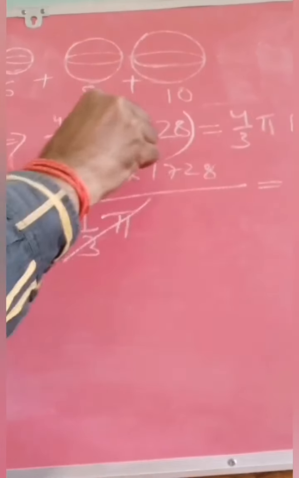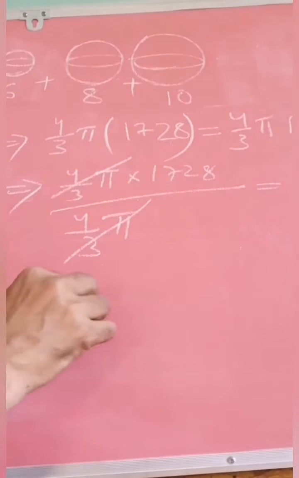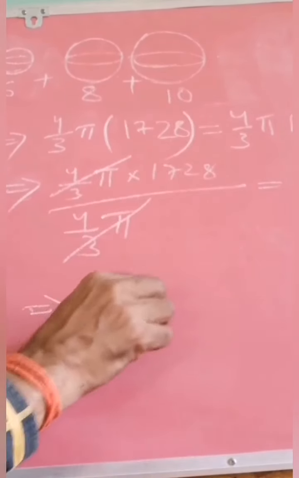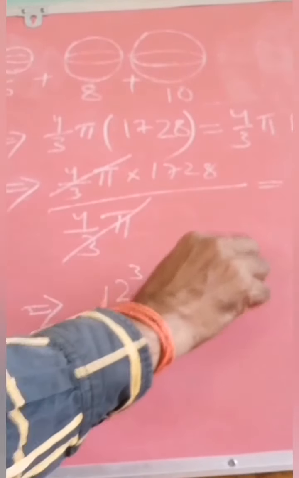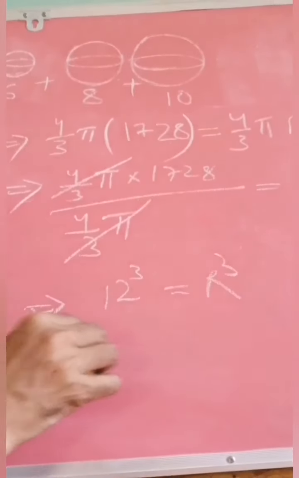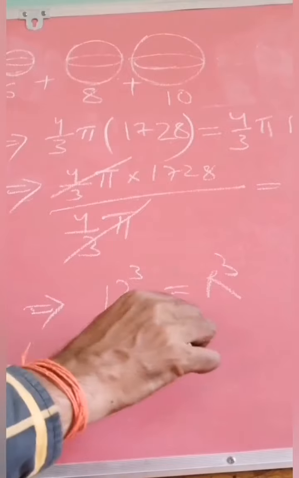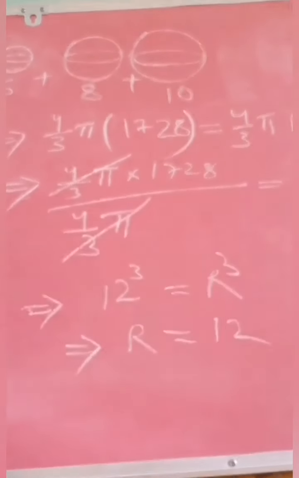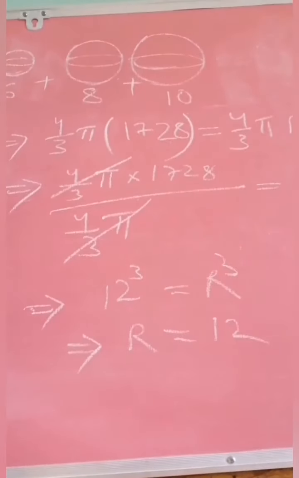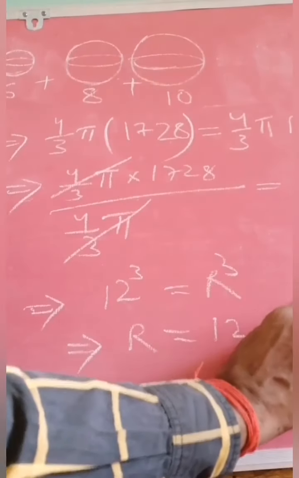So 4 by 3 pi cancels. That is, 1728 is 12 cube. 12 cube is equal to R cube. Therefore R is equal to 12. That means the radius of the bigger, resulting sphere is 12 cm.